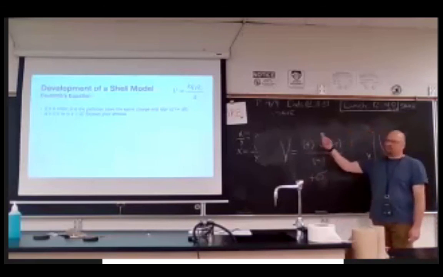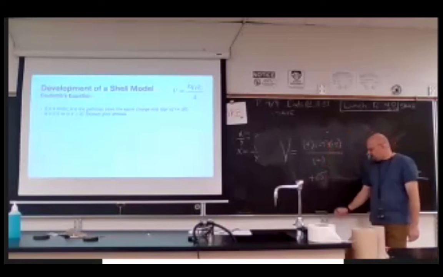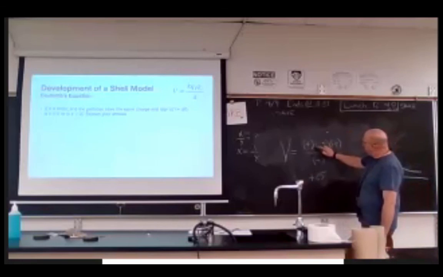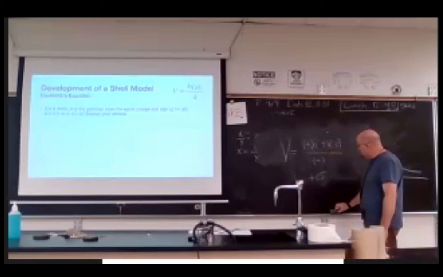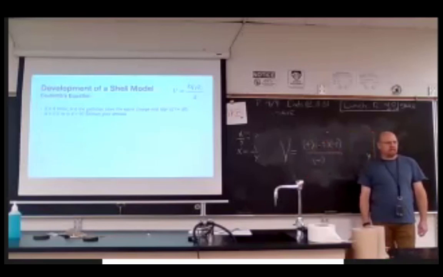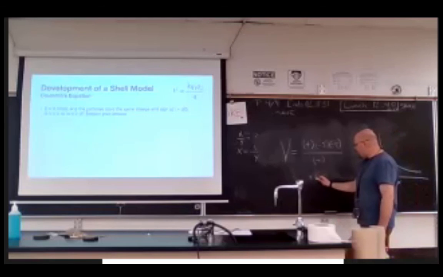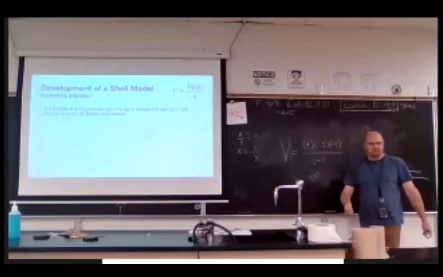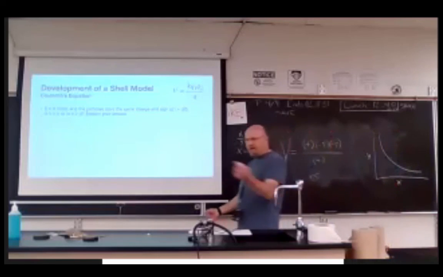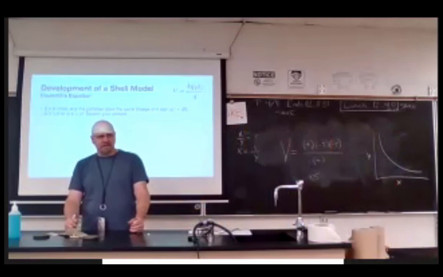I'm just assuming these are ones. What happens if these are negative? Same answer. Because if you have a negative times a negative, you get positive. If you have a negative divided by a negative, you get positive.